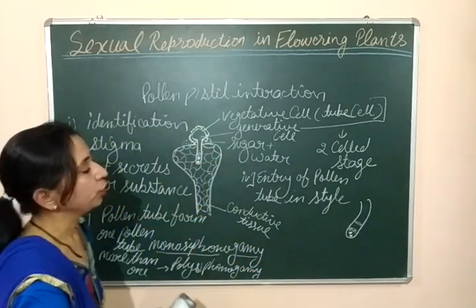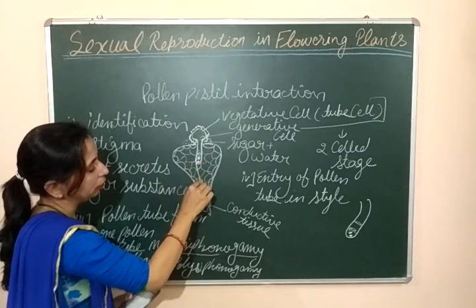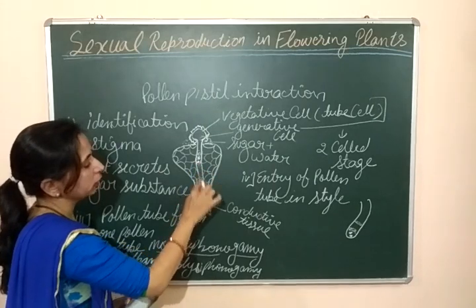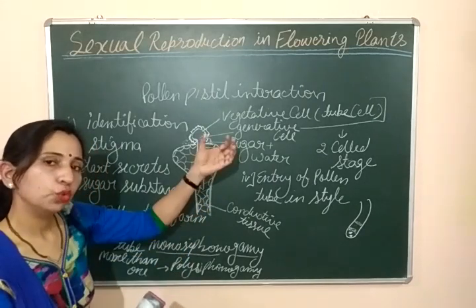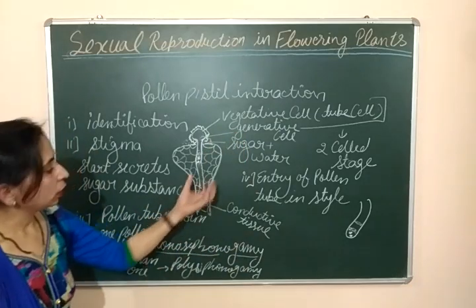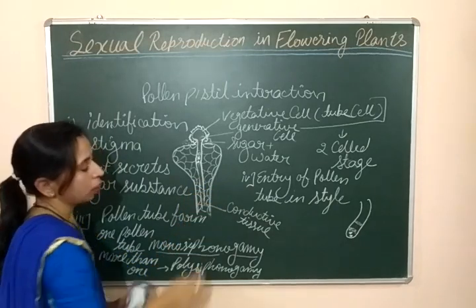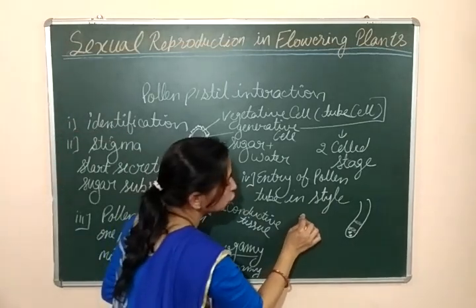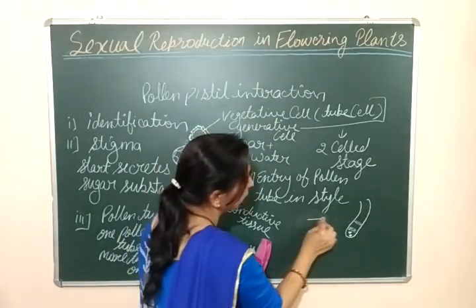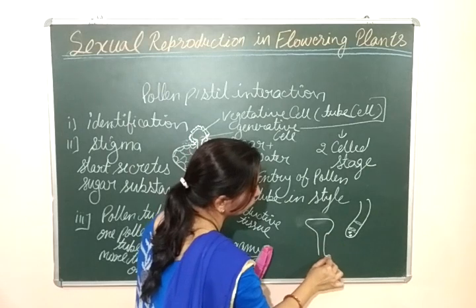Slowly the pollen tube will move, and by entering, it will start entering inside this style. It will move inside the style, and all the content will also move with the pollen tube inside the style. And then it will move, and finally it will reach the ovary.